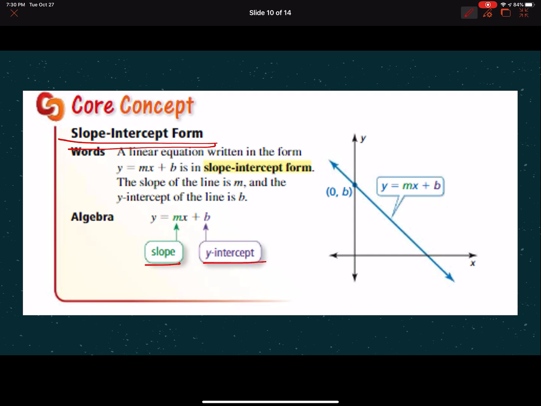Previously, I've mentioned that one way to remember this: m stands for how we move, and b represents where we begin. And that's when we start graphing in the slope-intercept form. So just a way to remember that. And of course, our x and our y are just our x and y coordinates.